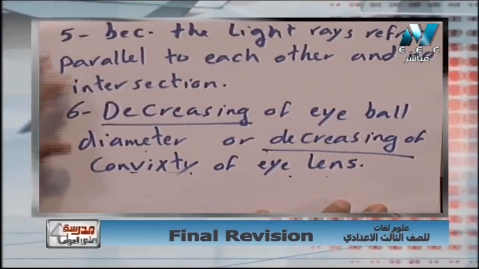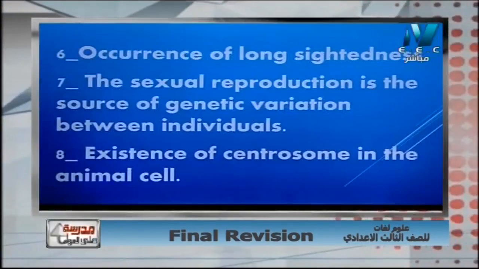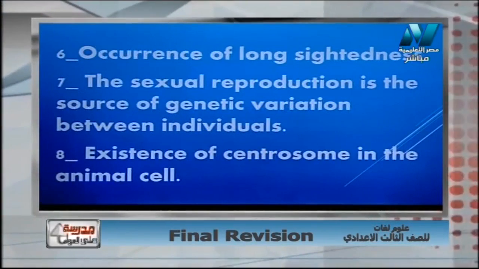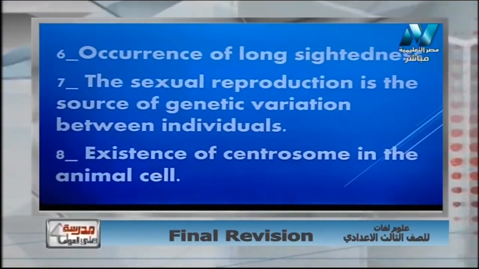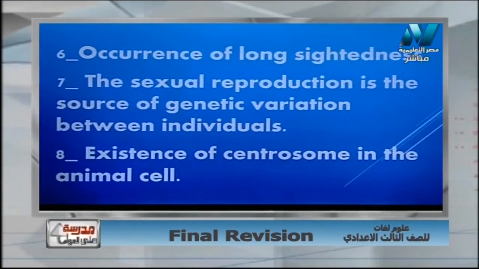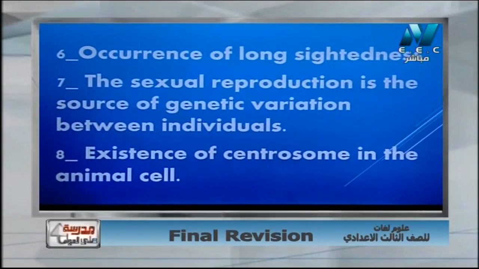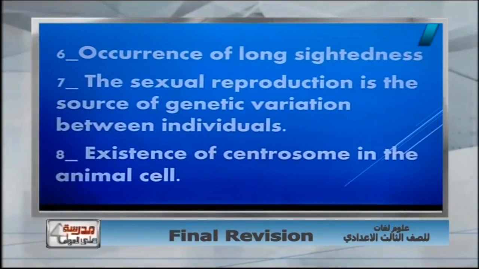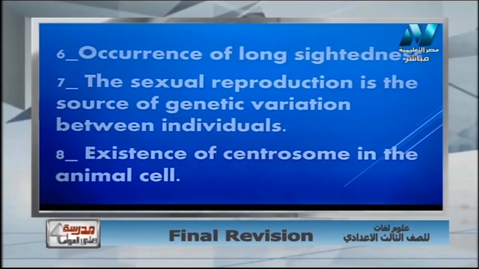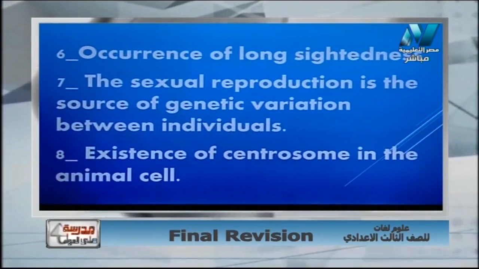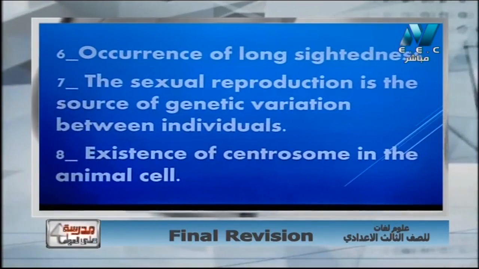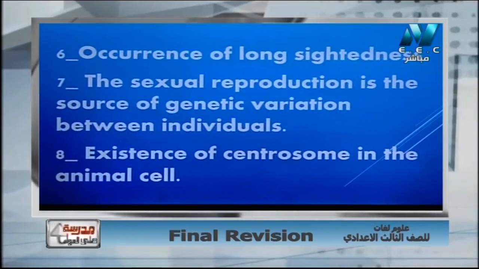Okay. Number 7, the sexual reproduction is the source of genetic variation. Why? The sexual reproduction is the source of genetic variation between individuals. It is the opposite of question number 1. Question number 1 says in asexual reproduction the offsprings are identical, but now genetic variation. Why?